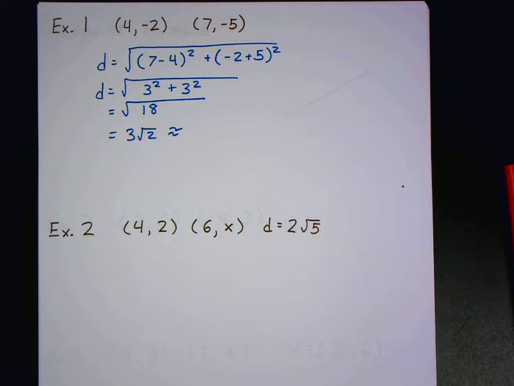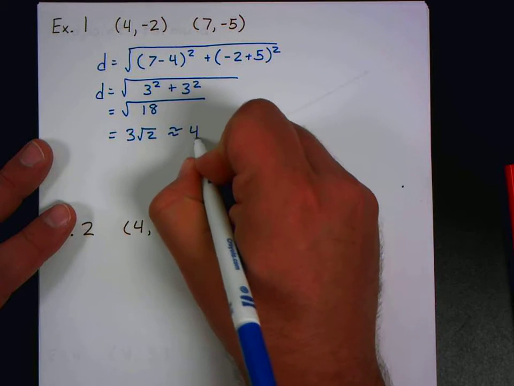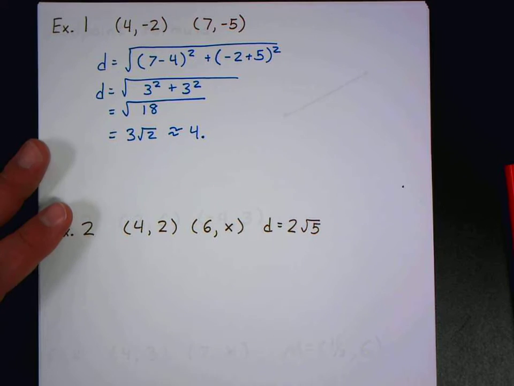I don't have a calculator, so I don't know what the decimal equivalent is. You don't need to give it to me because I assume you guys can put it in a calculator and get the decimal equivalent. Just know that I want one of those two things. So either that or 4 point whatever it is.